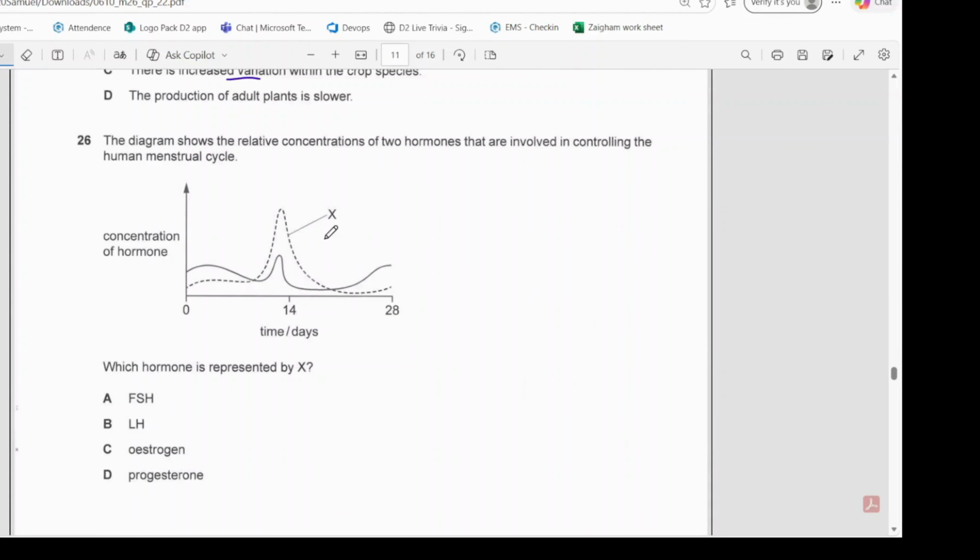There are hormones given. What is maximum at X? LH. Yes. So this one is the estrogen. Estrogen is highest around these days.